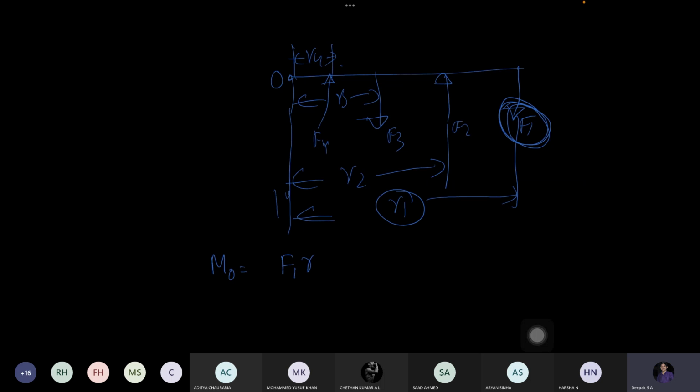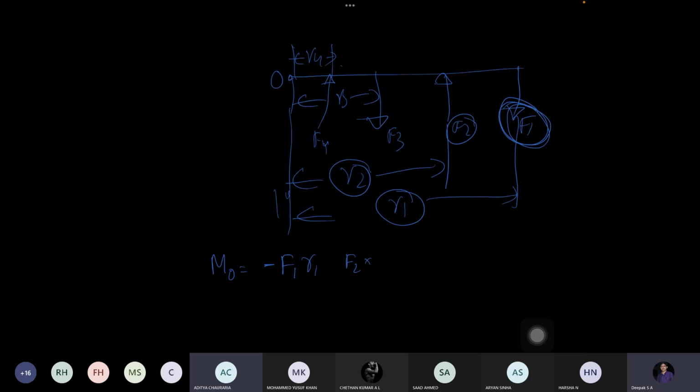So we'll write like this, F1 R1. Then we check whether it is acting clockwise or counterclockwise. Is it clockwise? Yes, sir. Then you take negative. Okay, you go for the next force. What is the next force? F2. F2 is the force into what distance?